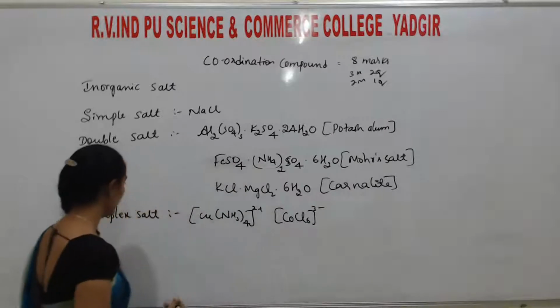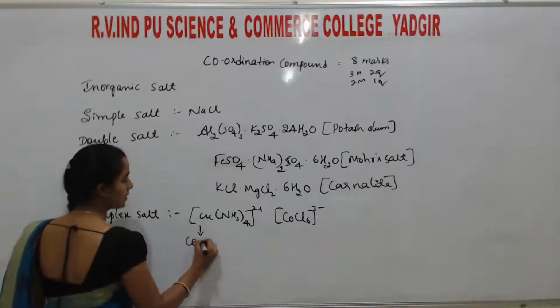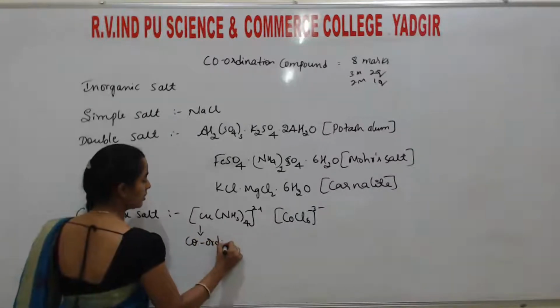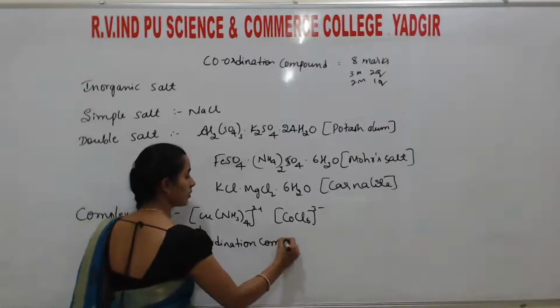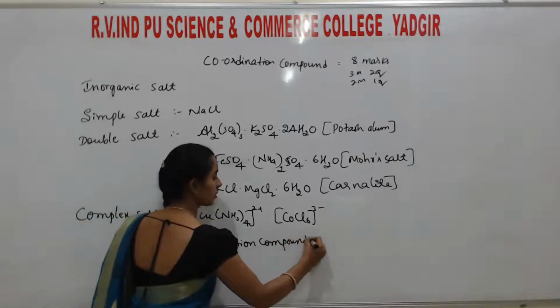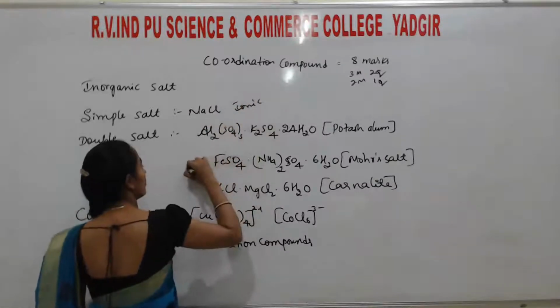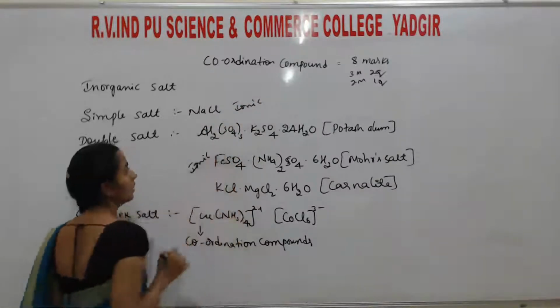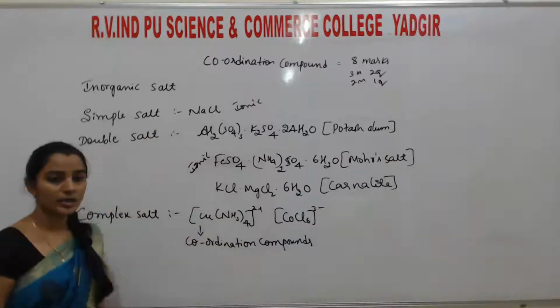These are the examples for complex salt, and this type of salts are called coordination compounds. Why are these called coordination compounds?